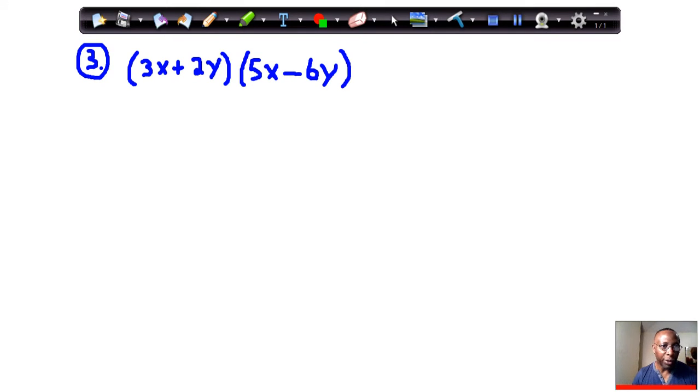Okay, so this reads, in parentheses, 3x plus 2y is multiplied by 5x minus 6y. So what you're going to do is use what we call FOIL to distribute the terms, right? That's F, O, I, L. Some of you may or may not have had algebra before, or you may have forgotten.